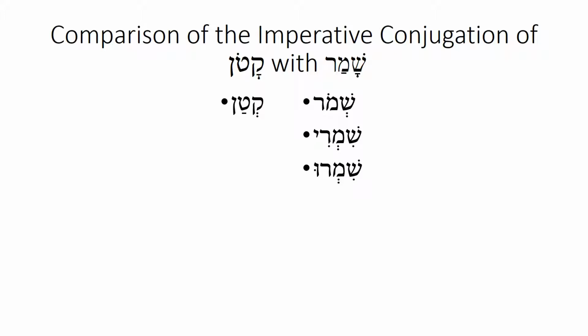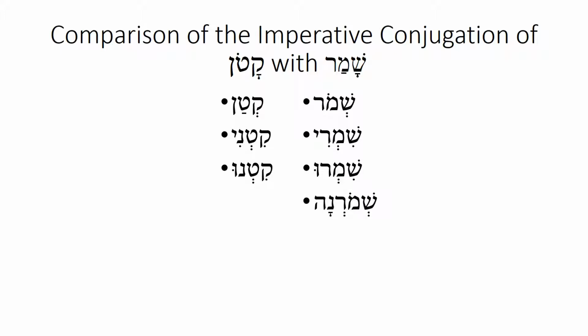We don't see this vowel shift occurring in the next two forms. The second person feminine singular of shamar is shimri, and the second person feminine singular imperative of katon is kitni. The second person masculine plural imperative of shamar is shimru, and the second person masculine plural imperative of katon is kitnu, but we don't see that vowel shift in these two forms.